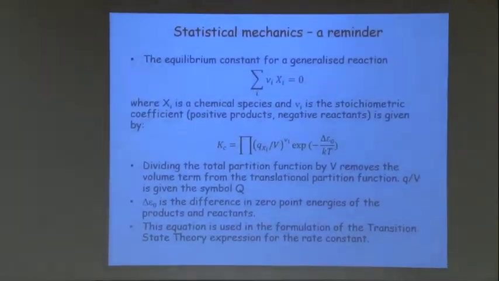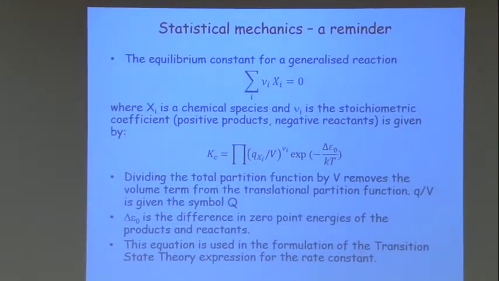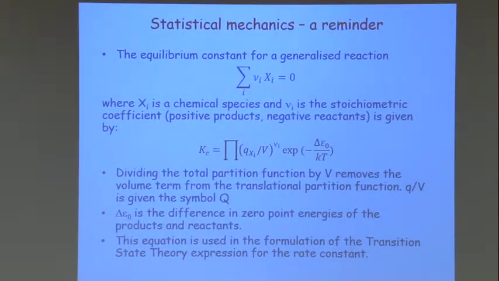So a reminder of statistical mechanics that we talked about yesterday. If we take this generalized reaction here, nu i is the stoichiometric number, xi is the species, and reactants have negative stoichiometries, products have positive stoichiometries, and we sum them all together and set that equal to 0.